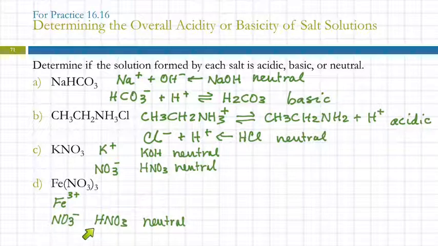So this one had the potential for acting as a base because it's the conjugate base of an acid. And so this has to do the other thing. So this solution's acidic. And we can all just be thankful that they didn't give us an example where we had to compare Ka and Kb. Any questions?